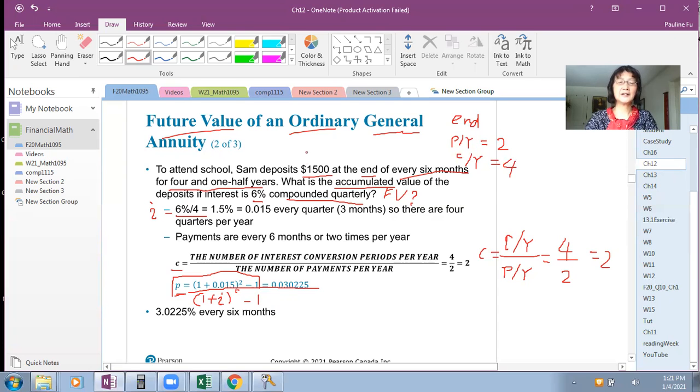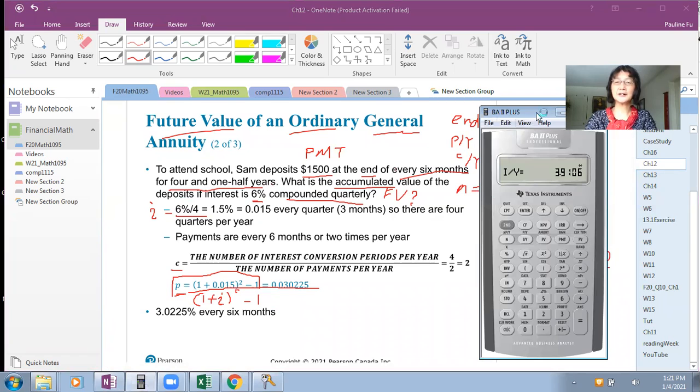We identify this number as PMT, and 6 as I, the interest. For term N, you make payments for 4.5 years, 2 payments per year, so N equals 4.5 times 2, which equals 9. Once you're ready, you punch these numbers into the calculator.